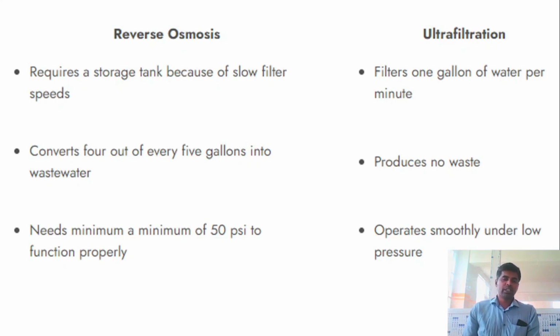The next difference is that RO converts 4 out of 5 gallons into wastewater. In reverse osmosis, some amount of water cannot be used for any purpose because it is treated as wastewater, which is the high concentration liquid left out of the system.